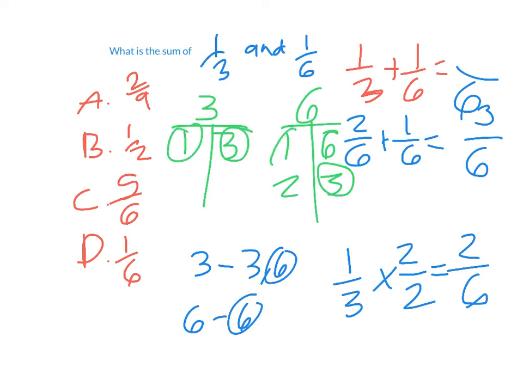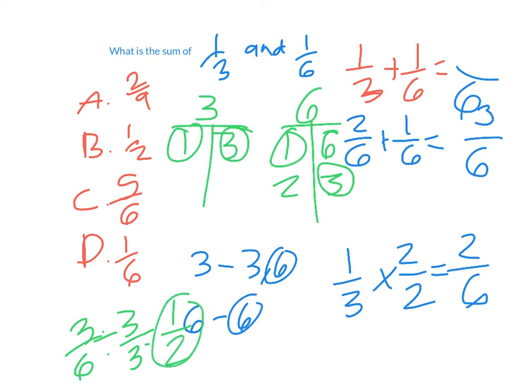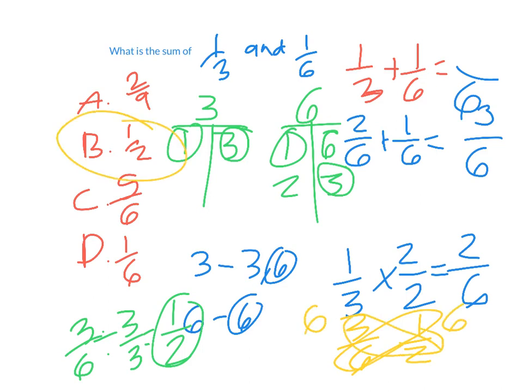We've got 3 in common, 1 in common, 3 being my greatest, so I'll take 3/6 divided by 3 over 3. 3 divided by 3 is 1, and 6 divided by 3 is 2, so I have 1/2, which is one of my answers. And then I'll simply cross multiply to make sure. 3/6, 1/2, 6, 6. So I know that 1/2, B, is my sum of 1/3 and 1/6.